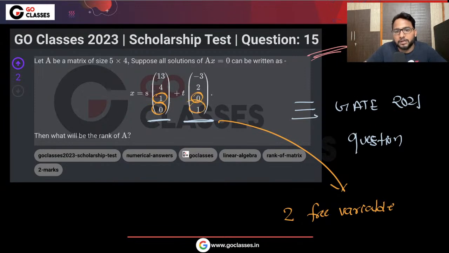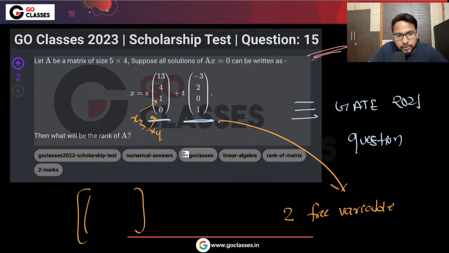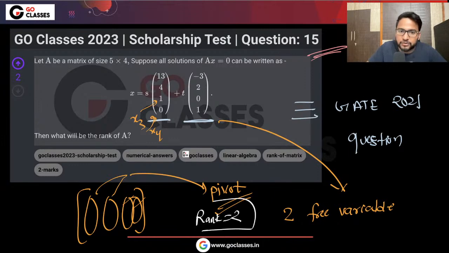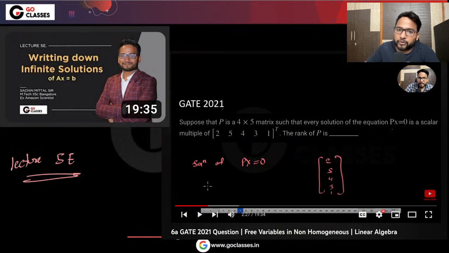If you are having 2 free variables, it means that the pivot variables will be, if it is 5 rows and 4 columns, 1, 2, 3, 4. If these are the free variables, then these are the pivot variables, which means the rank is just 2.